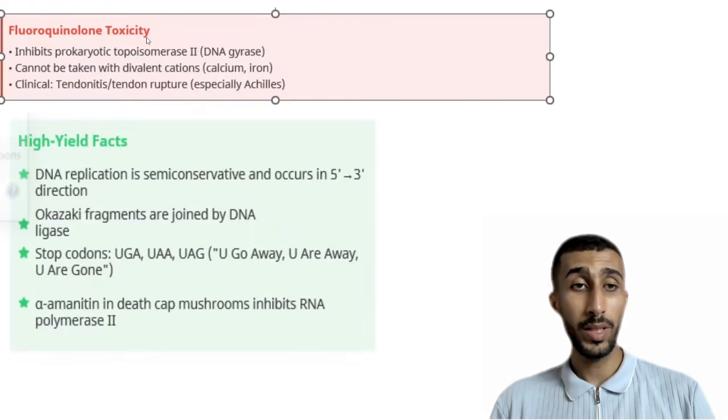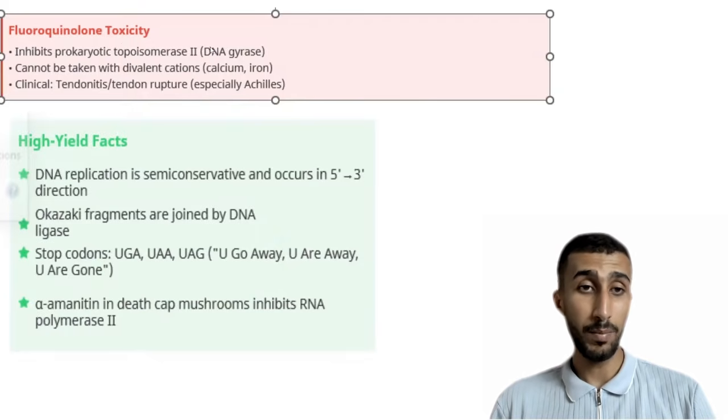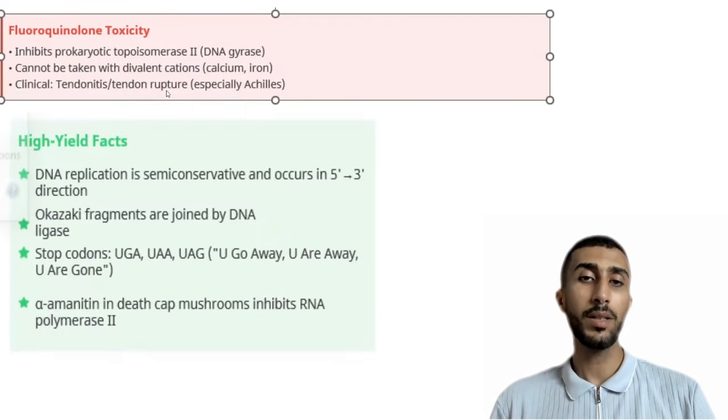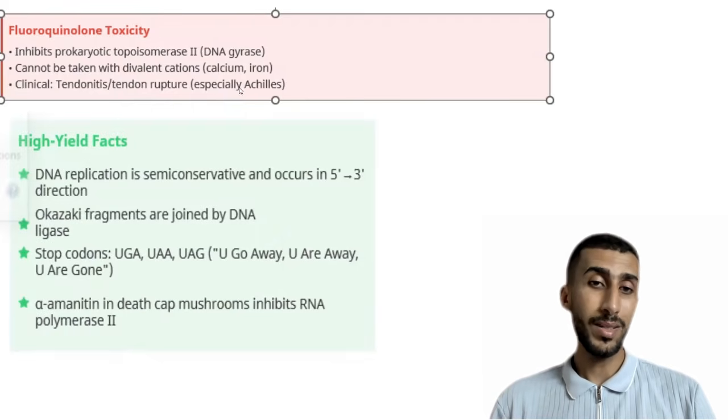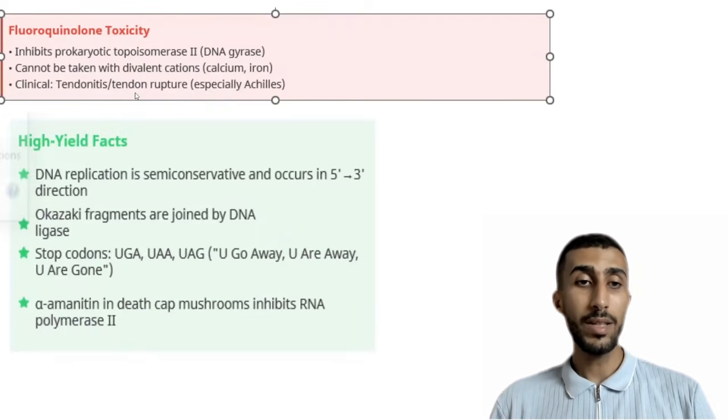So fluoroquinolone toxicity. The fluoroquinolone mechanism of action is the inhibition of prokaryotic topoisomerase 2. So remember, it's going to inhibit replication for these organisms. So this is the way it's going to fight bacteria, but it may have side effects by inhibiting the eukaryotic cells. This way, it's going to cause tendonitis or tendon rupture.